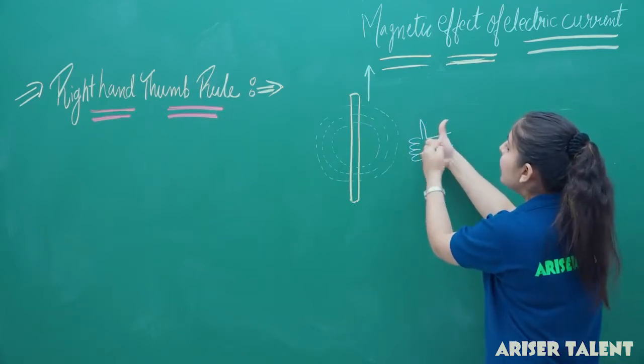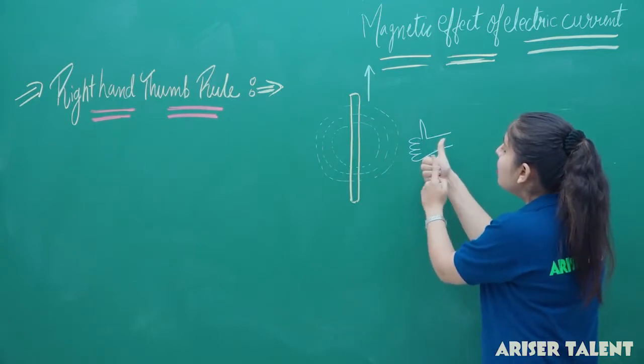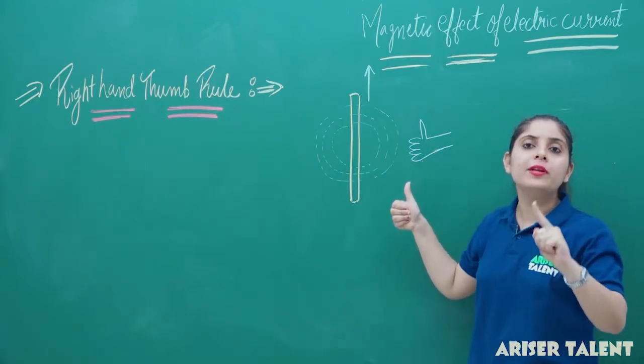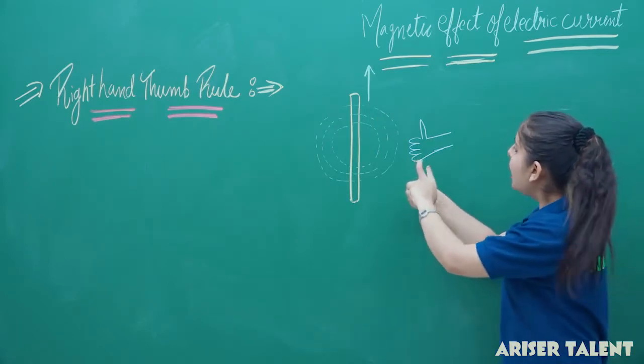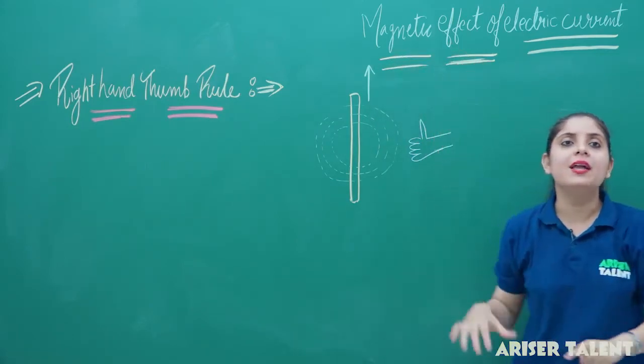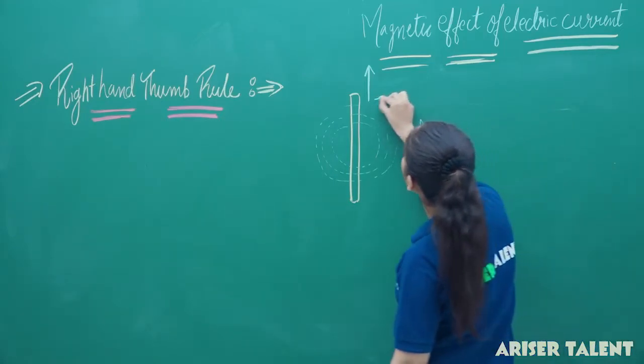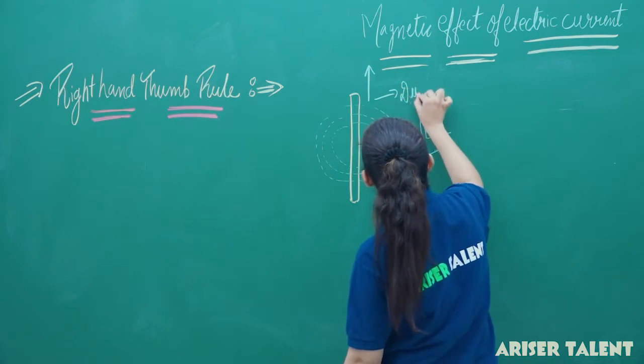If I am curling my fingers and holding that straight conductor, you can see that the curling of the fingers will show you the direction of the magnetic field, and this thumb will show you the direction of the current in the circuit. So what will the thumb specify? The thumb is going to specify the direction of current.